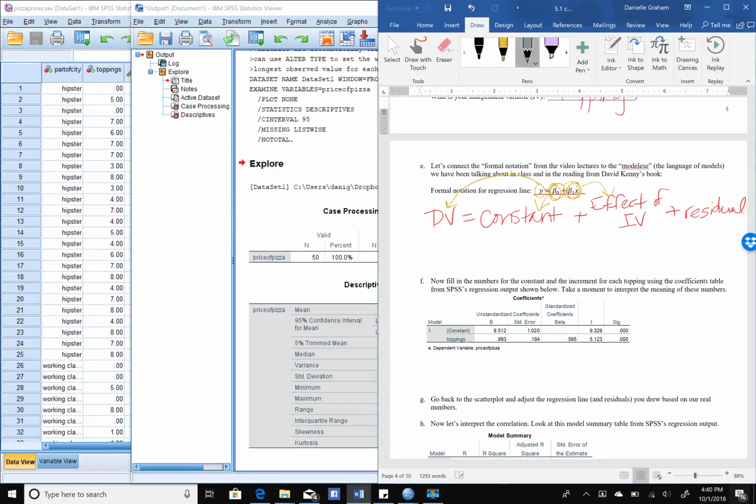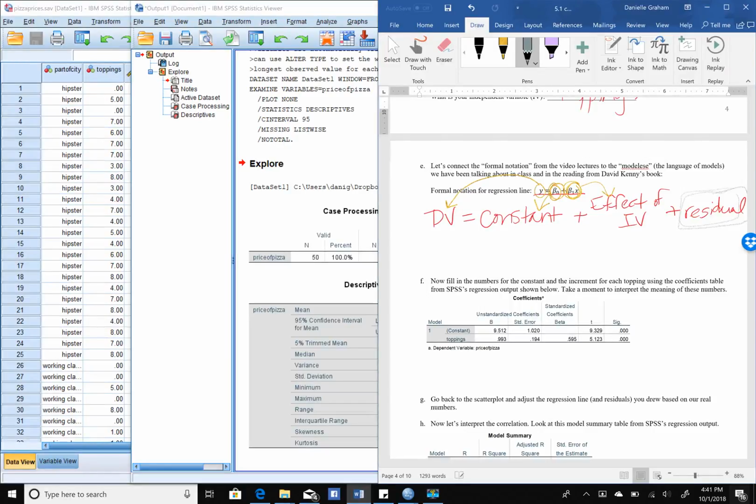You'll notice we don't have anything in our regression line to cover the residual, right? So when we're building a regression line, the residual or error is just implied. We don't actually include it in the formal notation, but we do include it in the modelese when we're talking generally about what the model looks like.